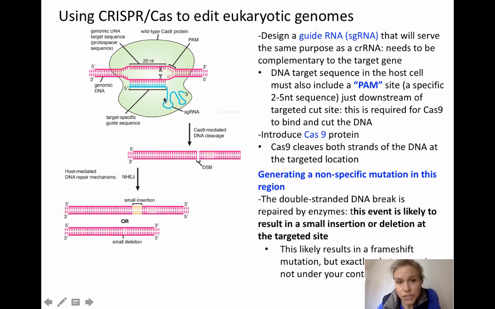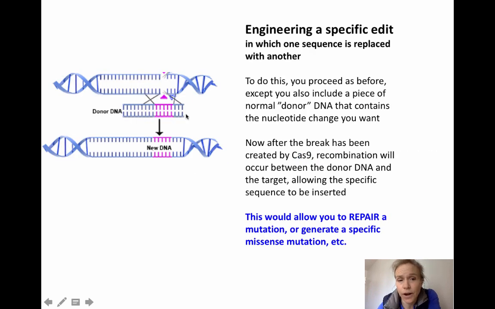But now, in addition to inserting this guide RNA, you want to actually repair the mutation that exists in the cell. And so you incorporate along with that guide RNA a double-stranded piece of DNA that has the correct sequence. So imagine these purple nucleotides here are the correct sequence that you're hoping to replace the incorrect sequence in your original strand.